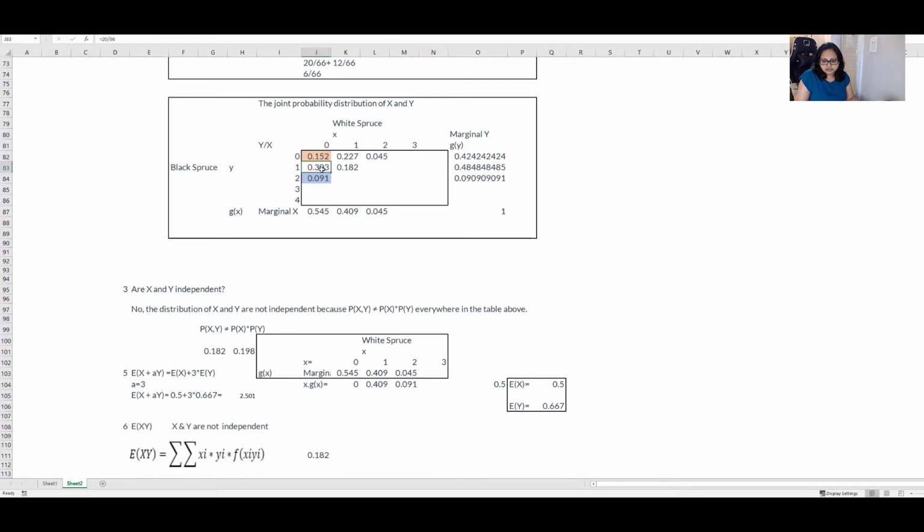So all you need to do is 0.152 multiplied by 0 and multiplied by 0, 227 multiplied by 0 multiplied by 1. That way for each of them you can find it. So I found that if I use the probabilities value and then random variable value, then the expected value of x and y is 0.18.